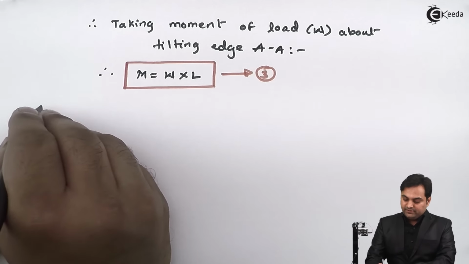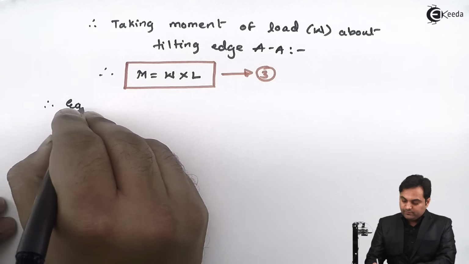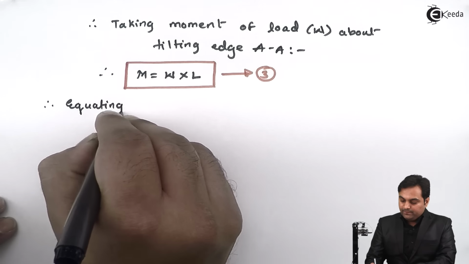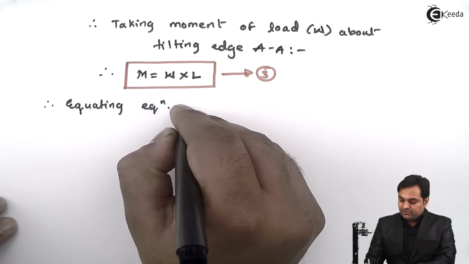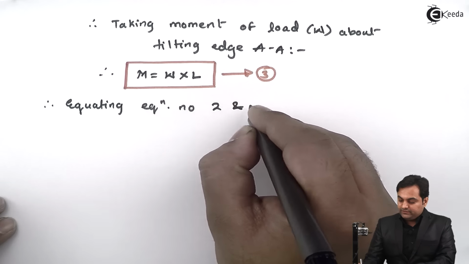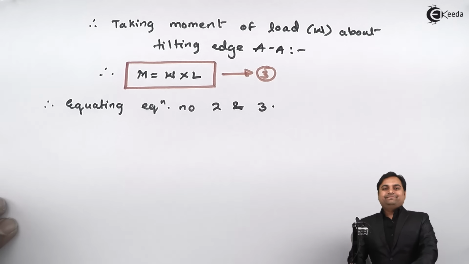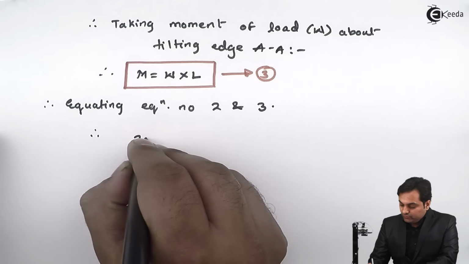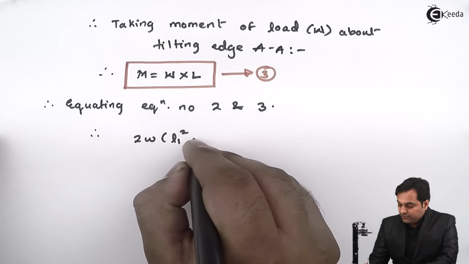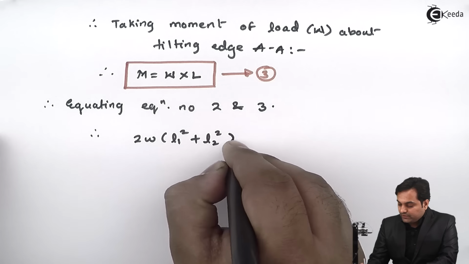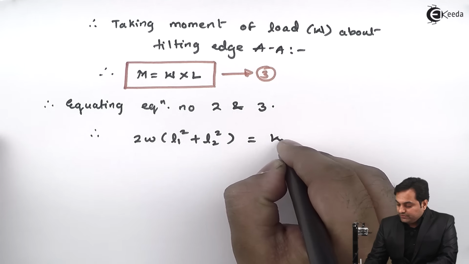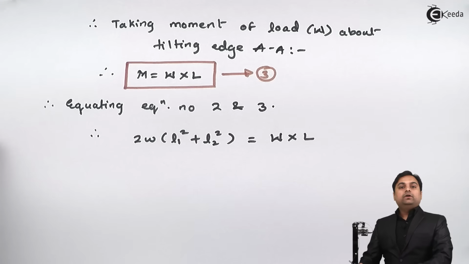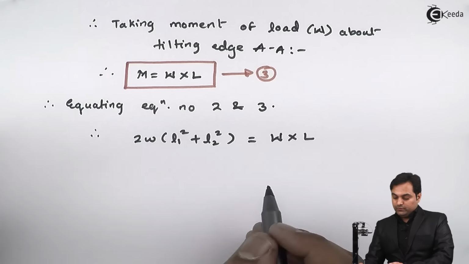So here I'll say that therefore, equating equation number 2 and 3. In equation 2 we were having 2w into L1 square plus L2 square. In equation 3, W into L. So here I will keep small w on one side.